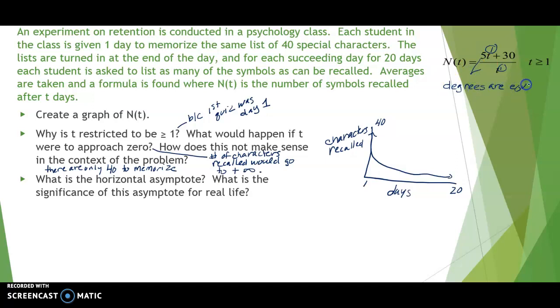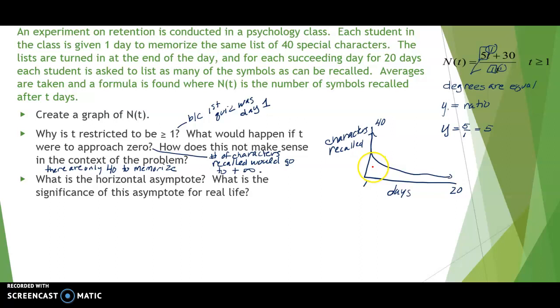And when I look up in my notes what to do when the degrees are equal, that tells me I get an equation y equals the ratio of the leading coefficients. So in this problem, y equals, my first leading coefficient here is the 5. My second leading coefficient down here is an unwritten 1, so 5 over 1, which is 5.